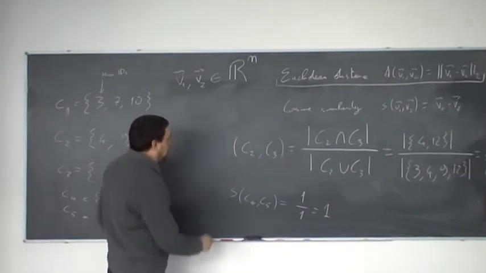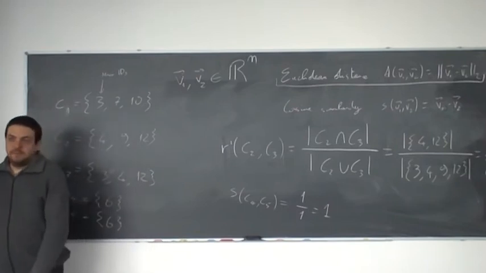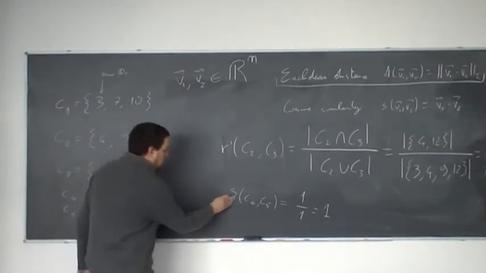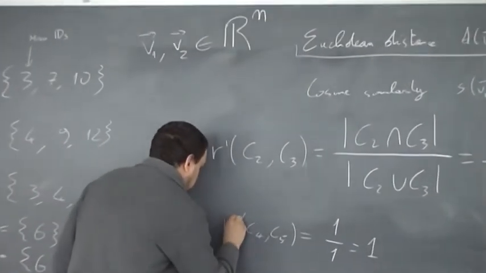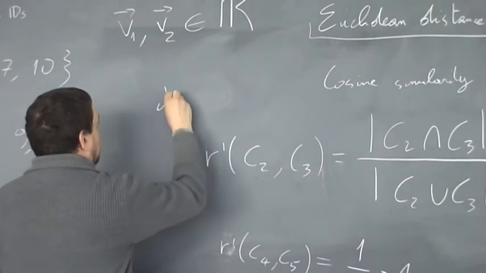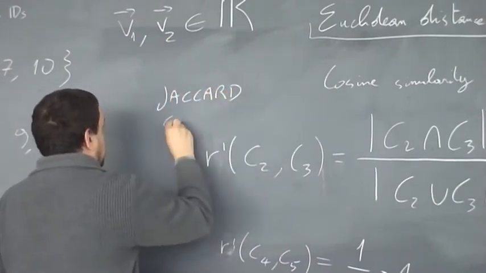This kind of similarity is usually written with the symbol R prime, and it's called the Jaccard coefficient.